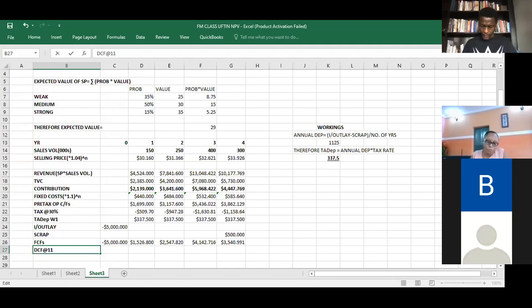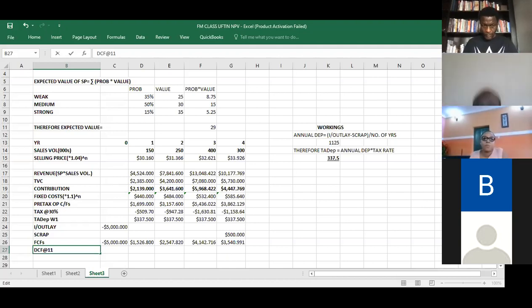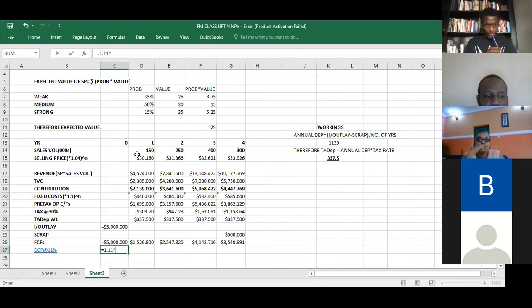So we'll do 11%. So it's equal to 1.11 raised to the power minus, and we said we'll pick that cell.